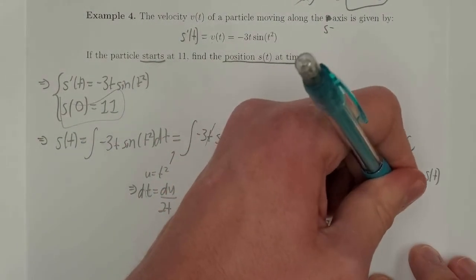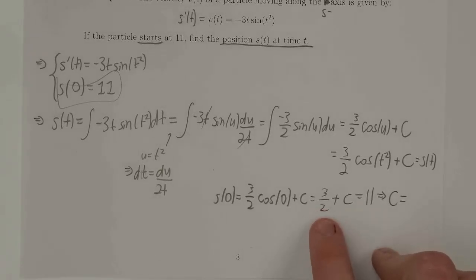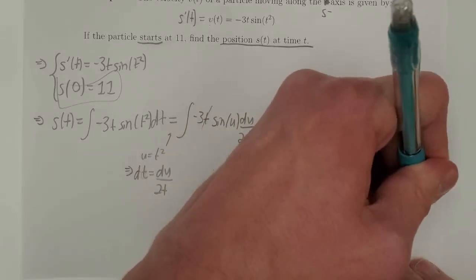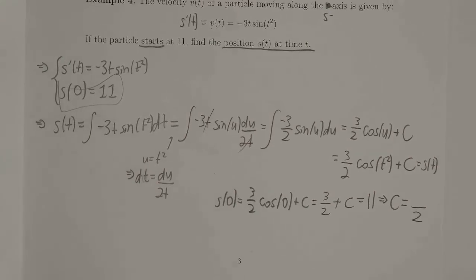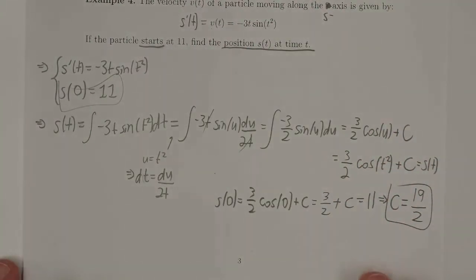So that means that c is equal to what fraction? 22 over 3. Wait, 22 over 3? Remember, we need to subtract 3 halves, so in this case you should end up with something over 2. 19 halves, good. Okay?